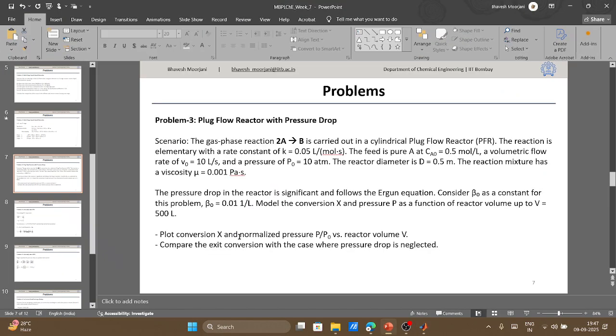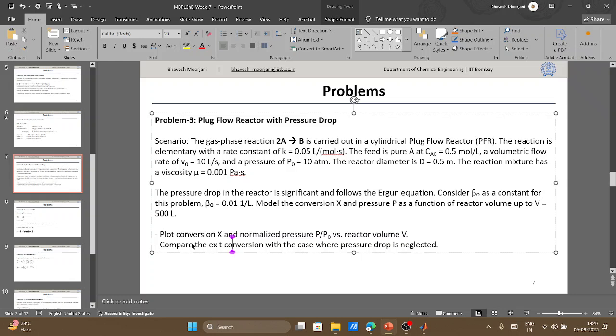So we have completed task 1, where we wanted to see the change in the conversion and the pressure ratio with respect to volume. Now we have to compare the exit conversion with the case where no pressure drop is there, or where the pressure drop is neglected, right?